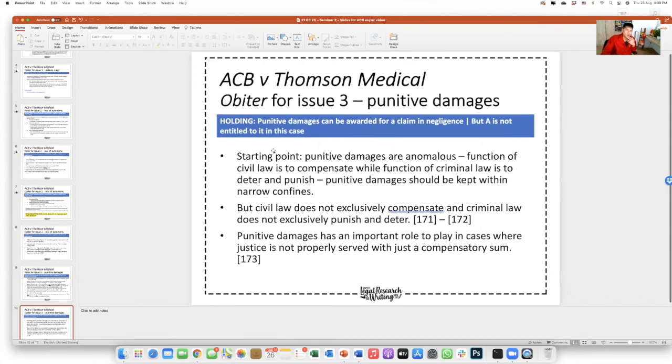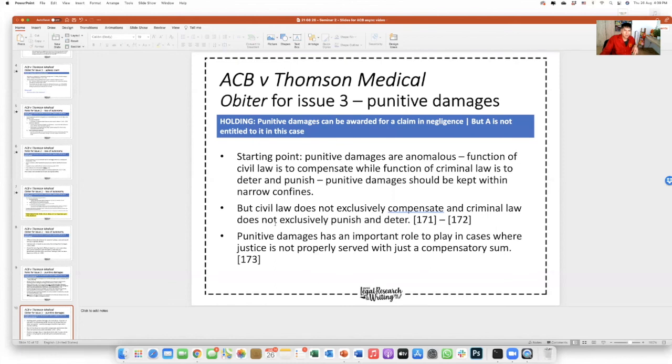So let's talk about obiter for issue 3. There is some other discussion in issue 3 about the function of punitive damages, right? Whether or not it needs to be punitive, whether or not it's permissible for something in civil law to exercise some sort of punitive function.